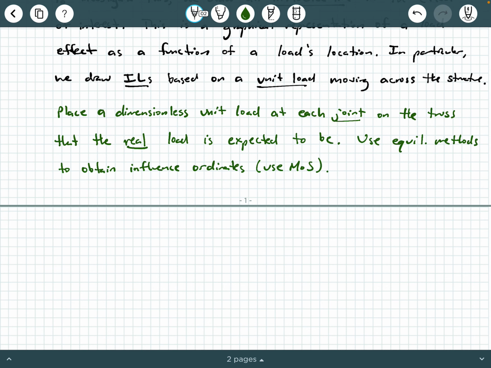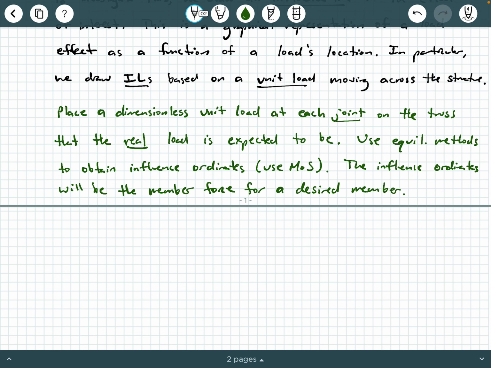So the influence ordinates will be the member force for a desired member, okay?